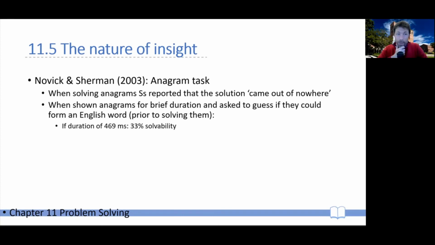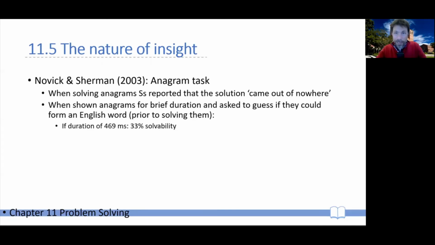And what Novick and Sherman did is they gave participants only a selected amount of time, after which they didn't just have to say if they had a solution or not, but if they didn't have a solution, they had to report whether they thought this anagram makes up an English word or not. And if participants were only given 469 milliseconds to solve the anagram, most of the time, participants were not very good at telling whether the anagram would have resulted in an English word or not.